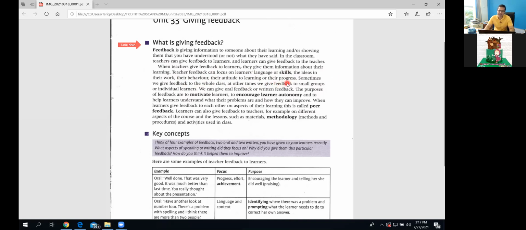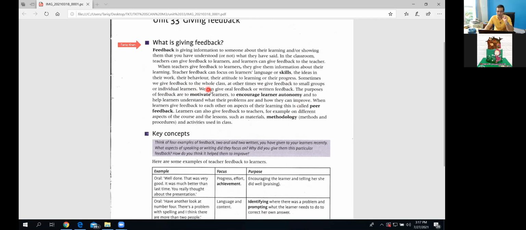So teachers' feedback is based on the learning area of the language or the skills they use. Secondly, it's also about the behavior of the student, how they behave in the class, and about their attitude to learning, whether they are keen, whether they are taking interest in the learning or not. That is also part of the feedback.